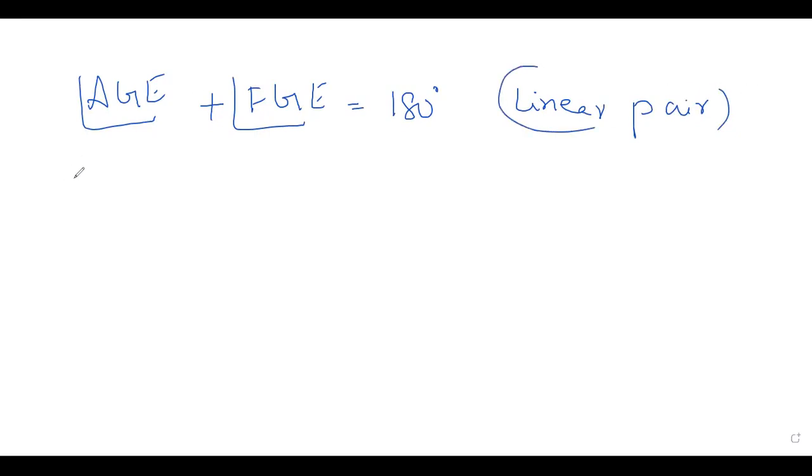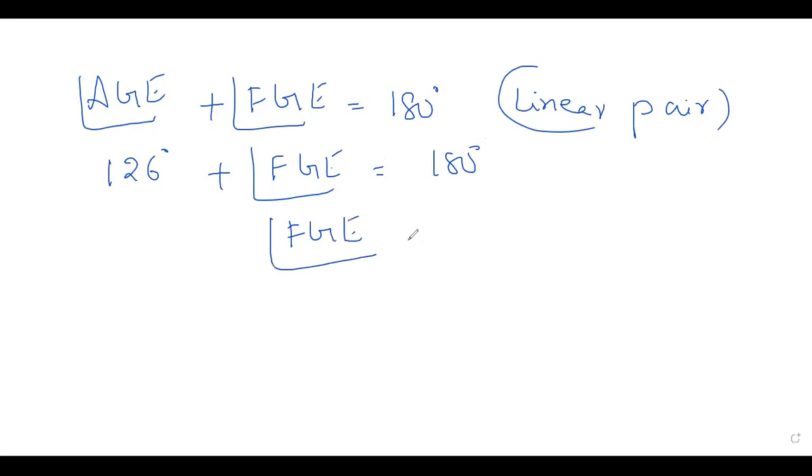So before that you have to write, no, sorry. This is 126, FGE is equal to 180 degree. Angle FGE is equal to 180 minus 126, that is equal to 54 degree.